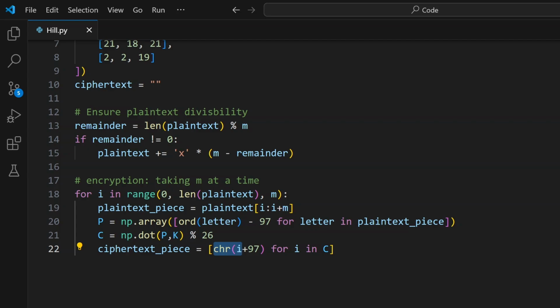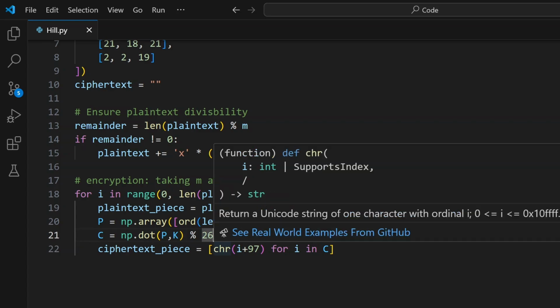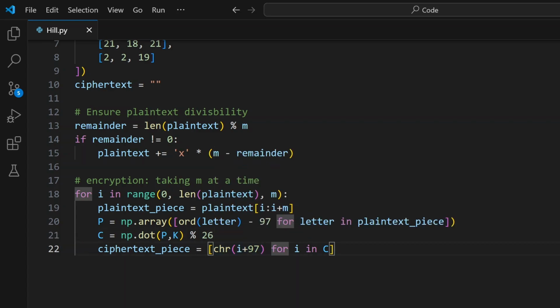So remember that we converted these to 0 from 0 to 25, and we have to take them back to ASCII numbers so that chr can recognize what they are. If you just pass in 0 to 25, this will produce something which is totally different. So we have to use these scaled values that we get there and add 97 to each one of them so that this contains values that are recognized by the ASCII table.